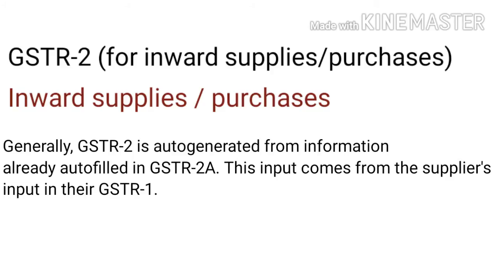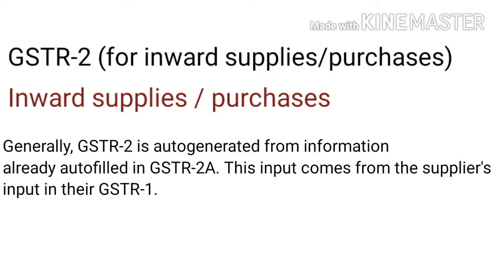GSTR 2A gets auto-populated once the supplier uploads their details in GSTR 1 pertaining to a sale made, which will reflect in the recipient's inward supplies. GSTR 2A enables the recipient to verify the details uploaded by the supplier in GSTR 1.